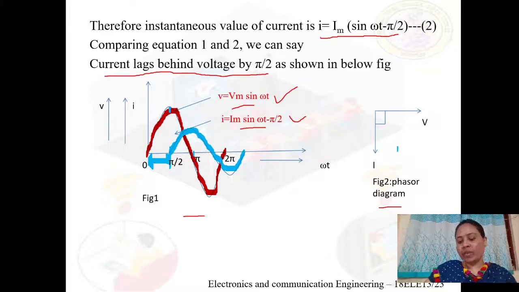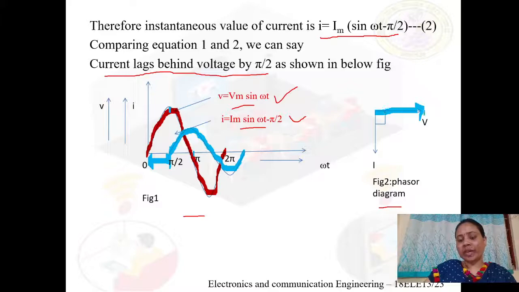And the same thing we can show in the phasor diagram. Since V has the phase value of 0 degree, we can represent the vector for voltage along x-axis, assumed to have a phase angle of 0.